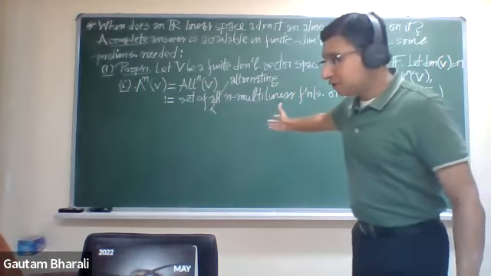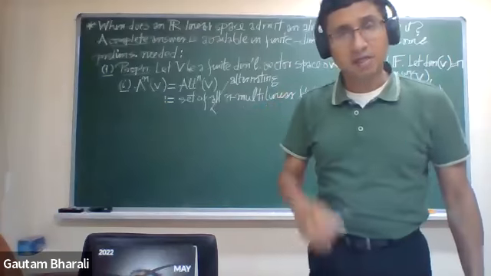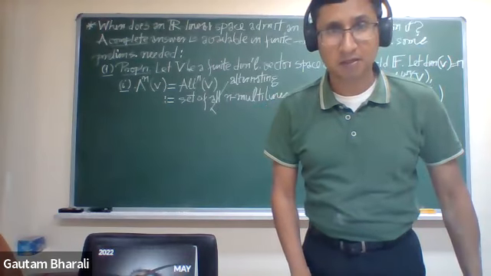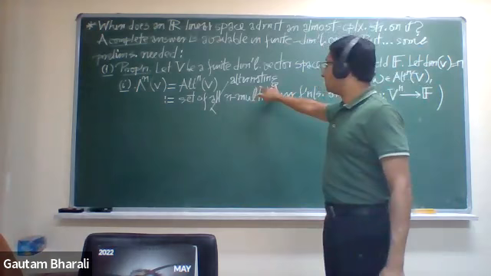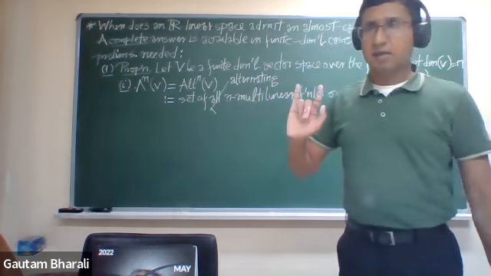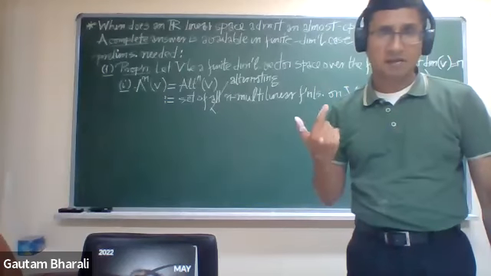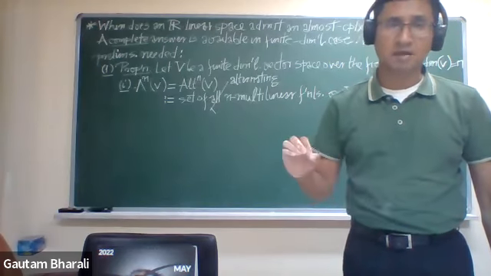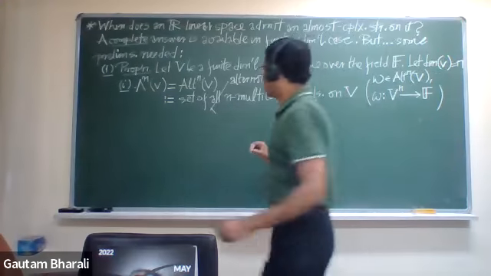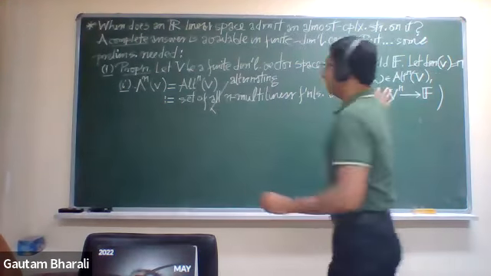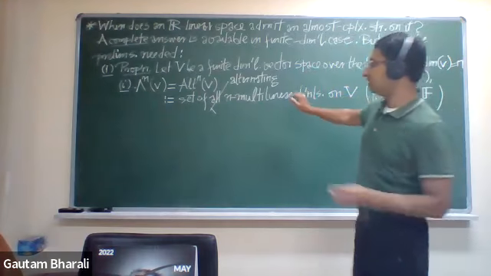The multilinear part is linear in each variable separately. And alternating simply means that if you swap a pair of variables, then the value changes by a -1. So right now I have just defined you a set.